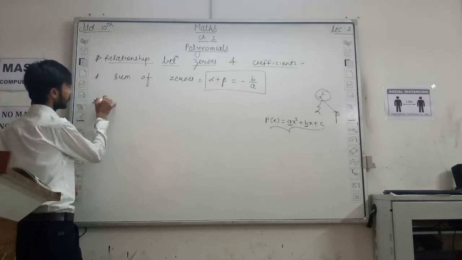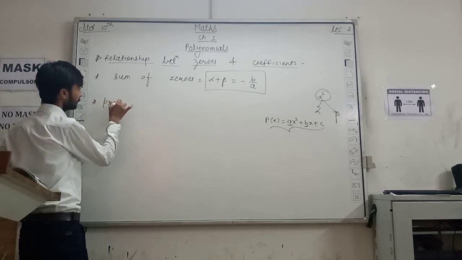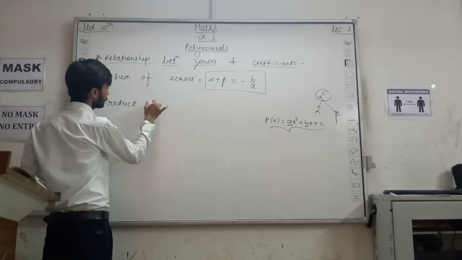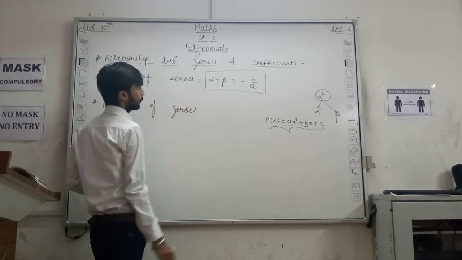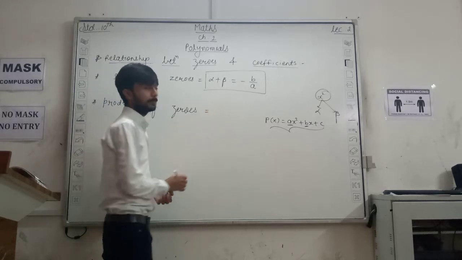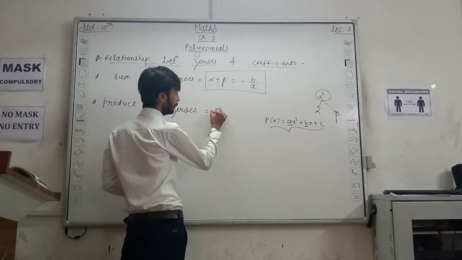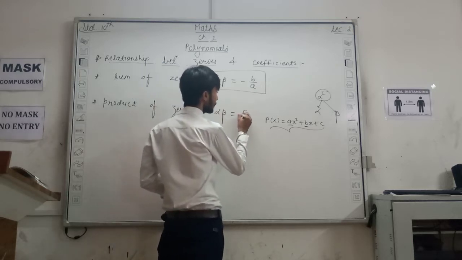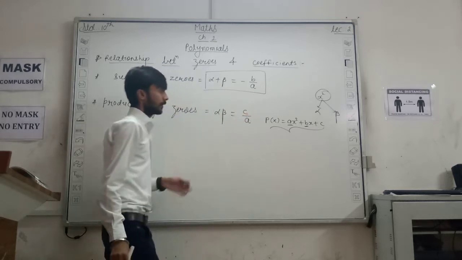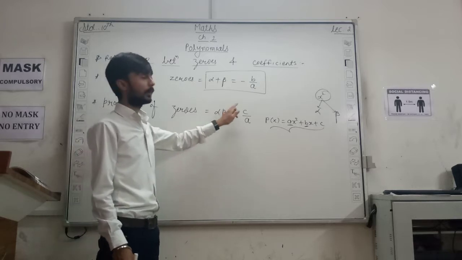Second one, product of zeros. Product of zeros is the multiplication alpha into beta, and the formula for alpha beta is c upon a.